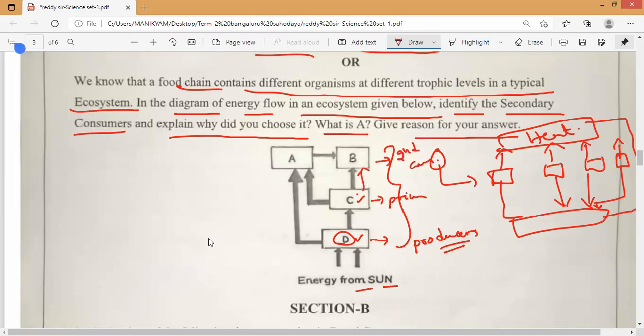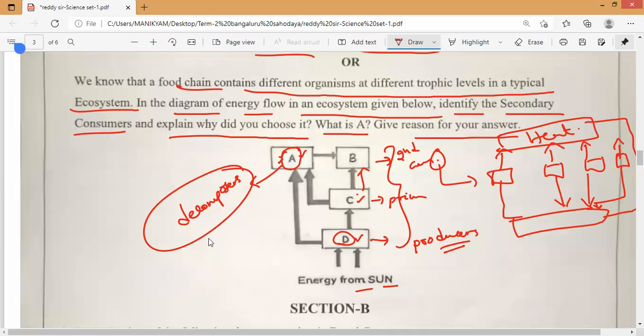Now if you notice, B is also eaten by A, and C is also eaten by A, and D is also eaten by A. Everything is decomposed, so A is called what, guys? A is the decomposer. Understand? Because it is like bacteria or fungi which can eat up B, C, D, everything.